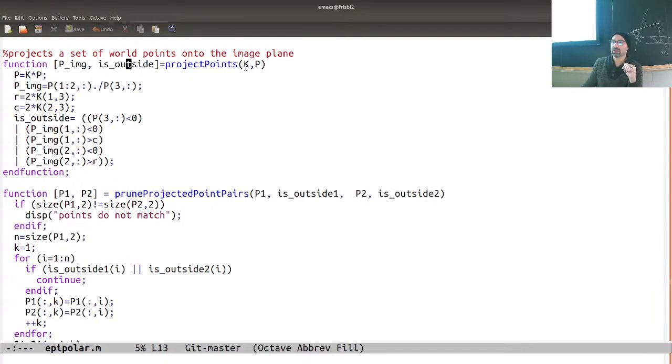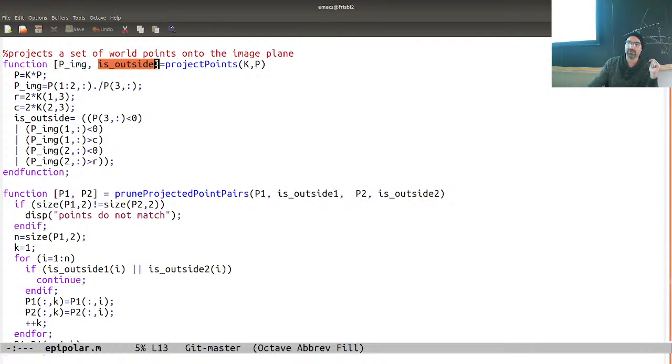First function, I give you a set of points in the world, I give you a camera matrix, and I ask you to calculate the projection of the points. The projection of the points will clearly be 2D. In order to project a single point, you have to take the point and multiply it by the camera matrix, and then you have to perform a homogeneous division. That's it. Okay? And this is what is done here. This is a matrix of points, 3 by n. And it returns a matrix of points which I assume to be 2 by n, each of these world points mapped into the image point.